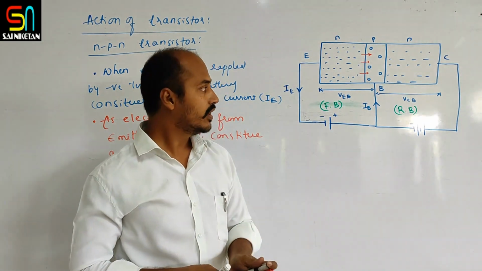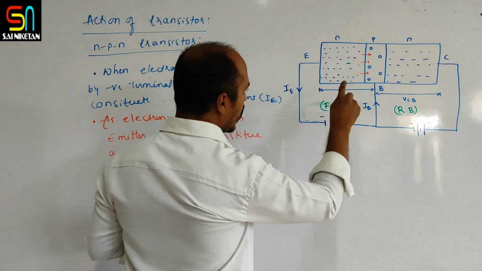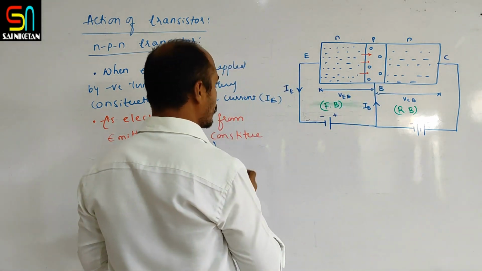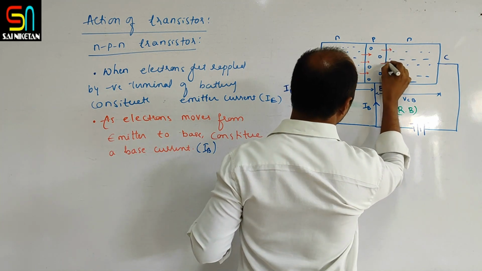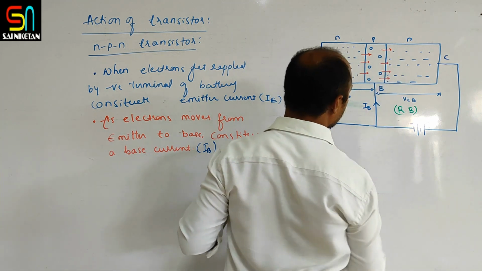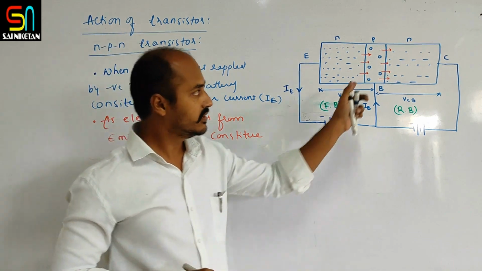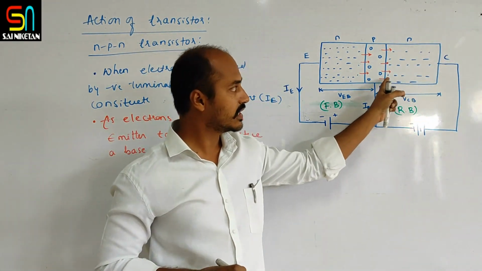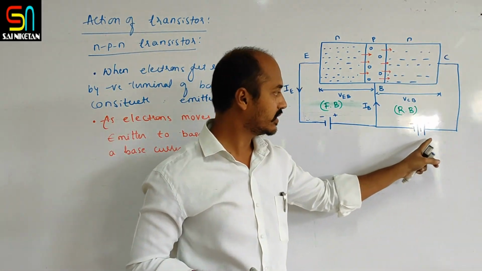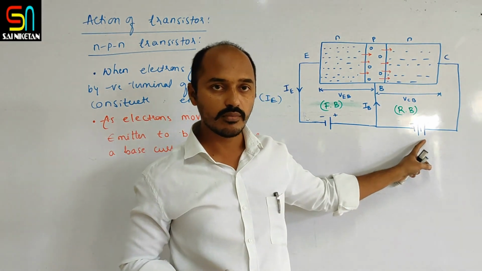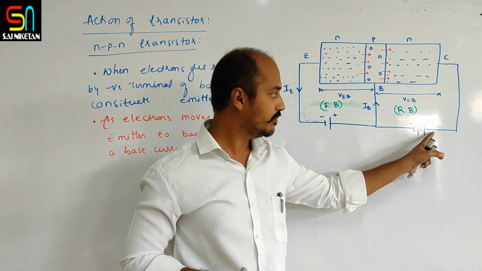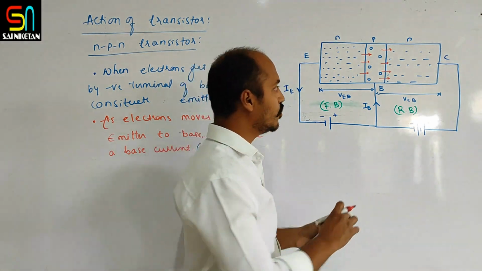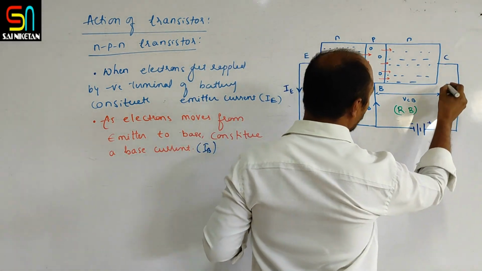Now, as soon as these 95% of electrons reach the N region, or you can say this collector region, which is once again connected to the positive terminal, these electrons start moving to the positive terminal. Now electrons are moving like this.